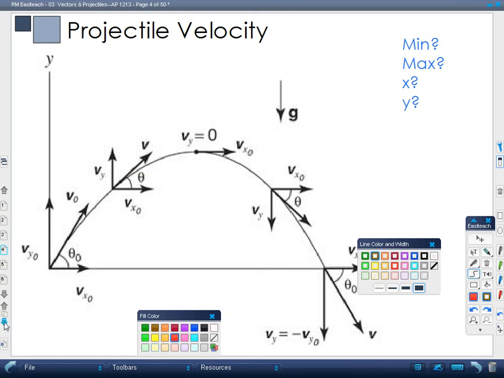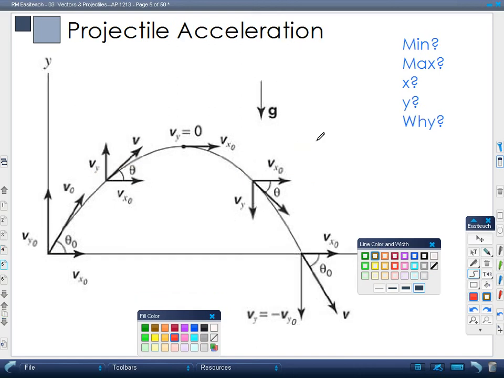The horizontal acceleration is 0. So speaking of acceleration, where's the minimum acceleration, the maximum acceleration? These questions don't really apply, or they're worth thinking about, but the conclusion is it's just constant. It doesn't have a minimum or a maximum. It's always the same. It's always downward everywhere, including at the peak. What's the horizontal acceleration? 0. The x acceleration is 0.